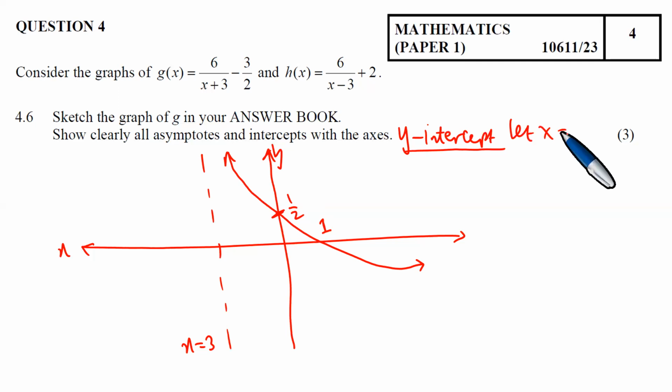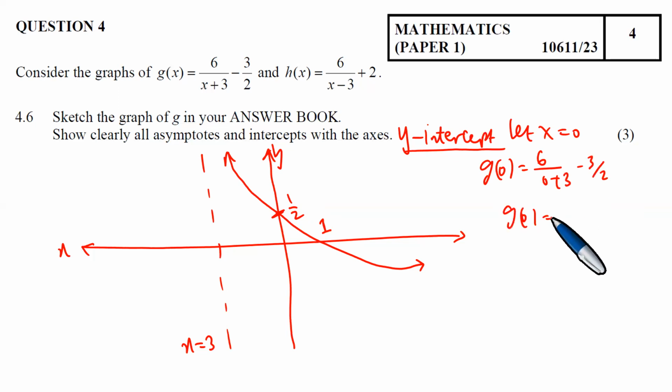You let x be 0, which means you would have g of 0 equals 2 divided by 0 plus 3, minus 3 over 2, which means g of 0 is 2 minus 3 over 2. G of 0 is actually what? 2 minus 1.5. From 2, you remove 1.5, you're left with only 1/2. So this one is minus 3.